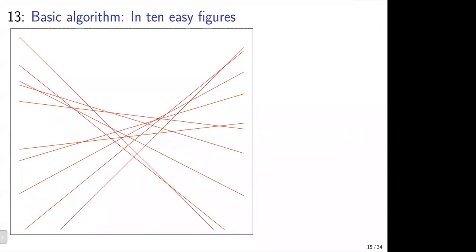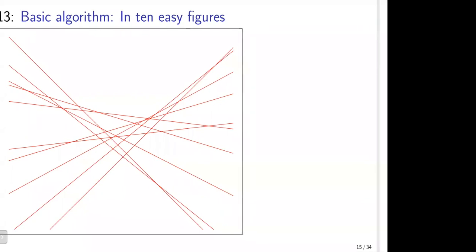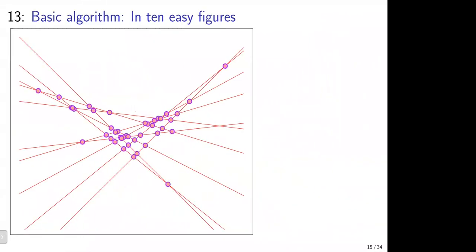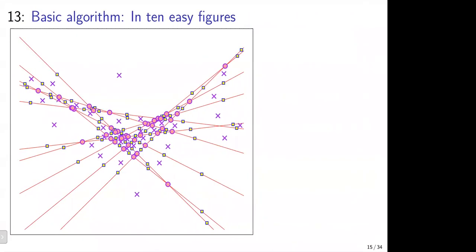Okay, so we have a set of lines. I'm going to describe the algorithm in the plane and n lines, and we compute all their vertices, so a quadratic number of vertices, and then we also put vertices in the middle of edges, in the middle of faces, right?